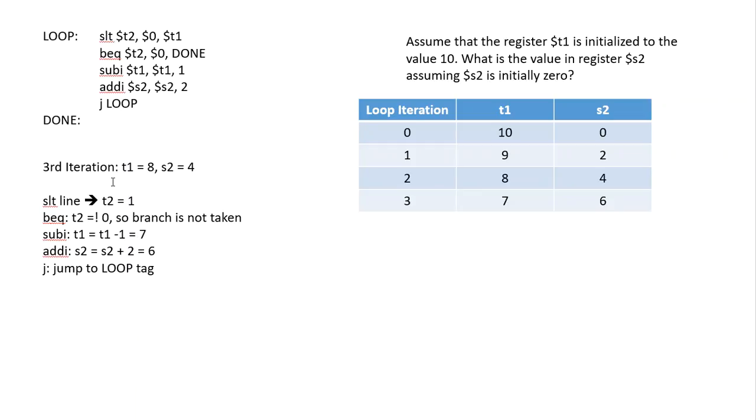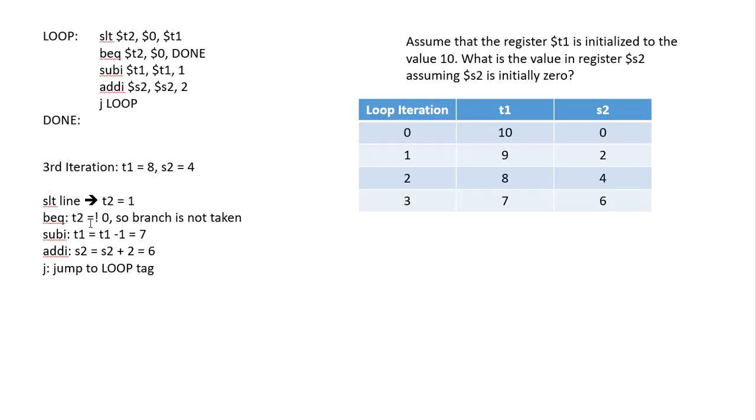Similarly for the third one, and you're starting to see a pattern here. You have 10, 9, 8, 7, and then 0, 2, 4, 6. So let's look at when we are going to break this loop condition. For us to branch, our T2 has to be equal to 0.